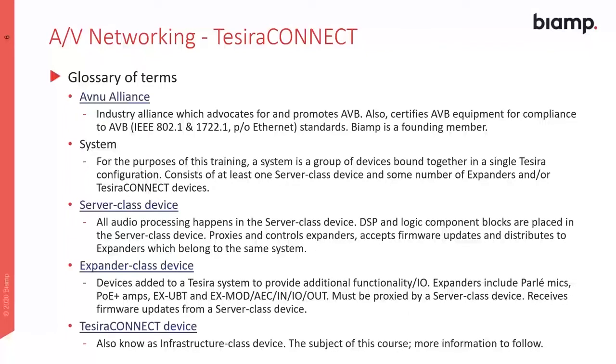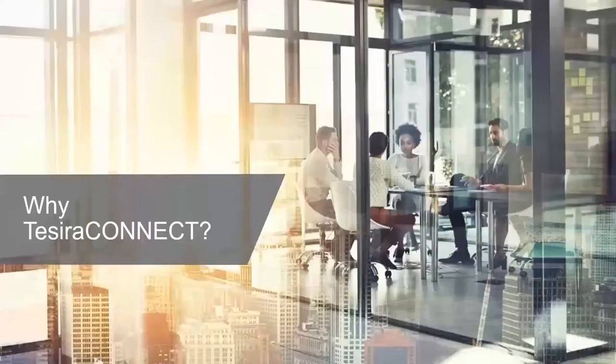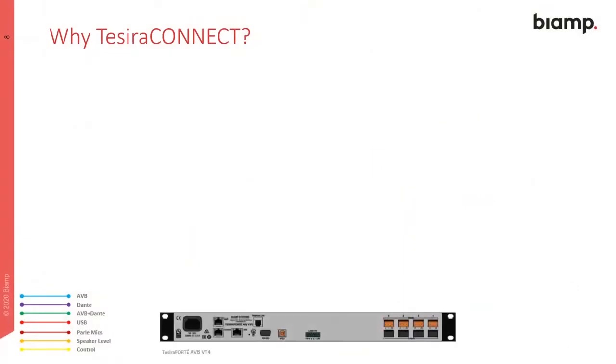Okay, so the one thing that we need to learn is why we need TesiraCONNECT. If you think about past experience on site, you would always struggle with AVB connectivity between your end devices.